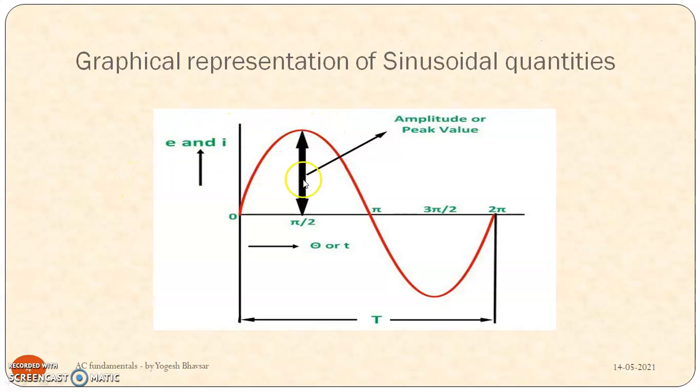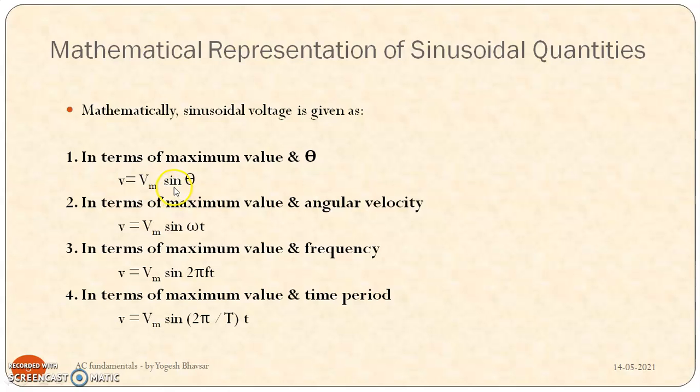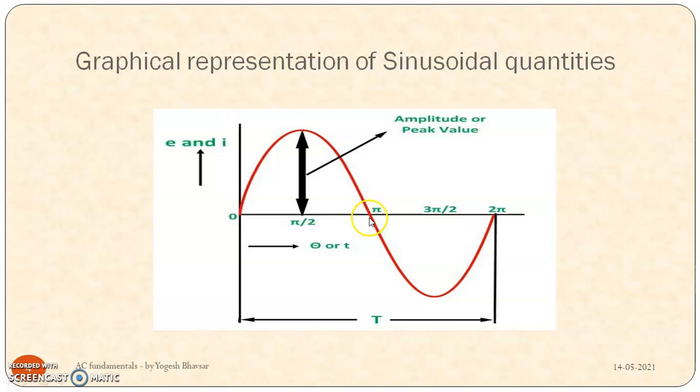So this is the maximum value at pi by 2, that is 90 degree. When we put pi, that is 180 degree, again we have 0, so V equals 0. Here it comes again at 0 on the axis. When we put 3 pi by 2, that is 270 degree, again it will have the negative maximum, with a minus sign.